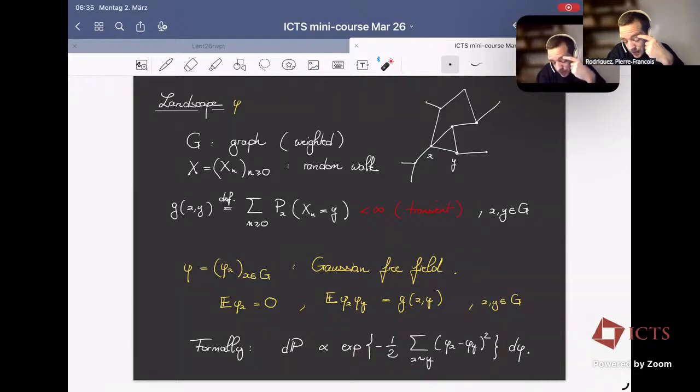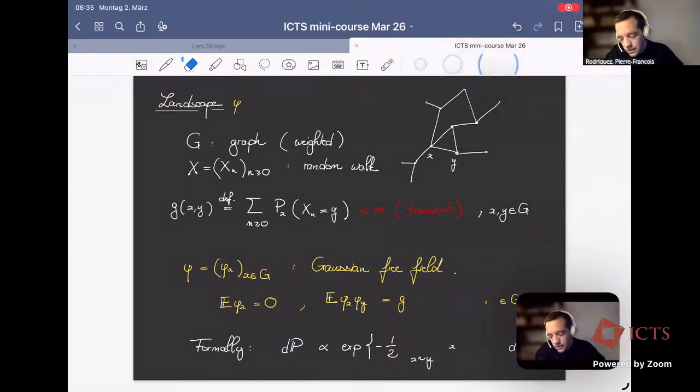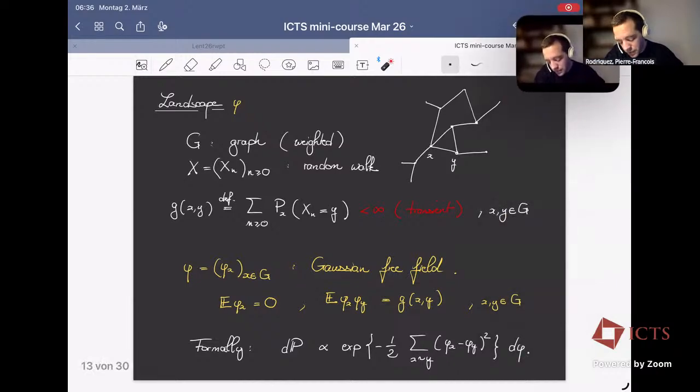You see there's, in some sense, a penalization: you are diminishing the probability of configurations where the quantity in this exponential gets large. In particular, you are penalizing large values of these increments, or these discrete gradients, as you could think of them, in your graph.